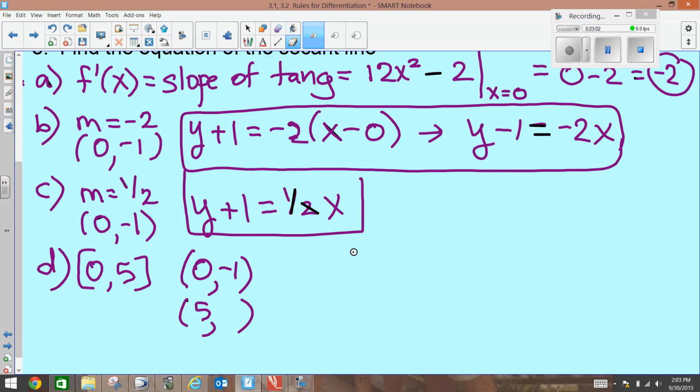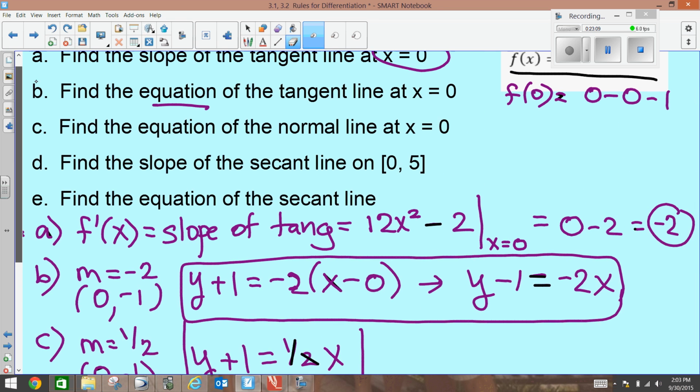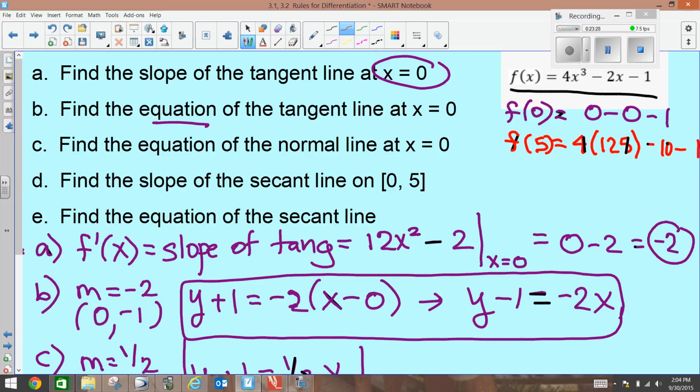So 5, what's my equation up here? F of 5 equals 4 times 125 minus 10 minus 1. That's 500 minus 11, 489.